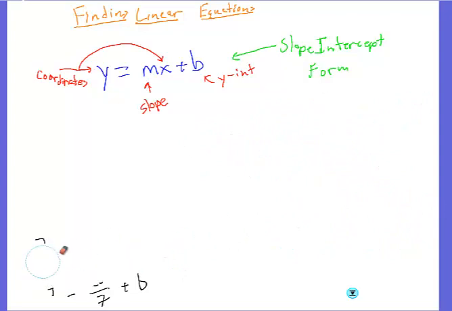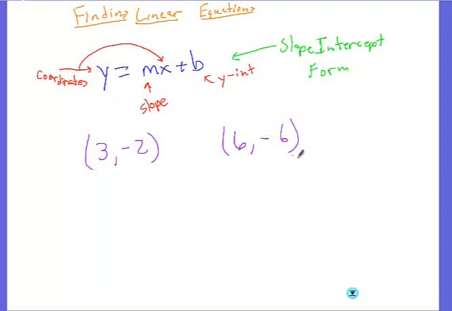Just going to erase all this. Again, let's say that the equation of our graph goes through the coordinates 3, -2, and then 6, -6.